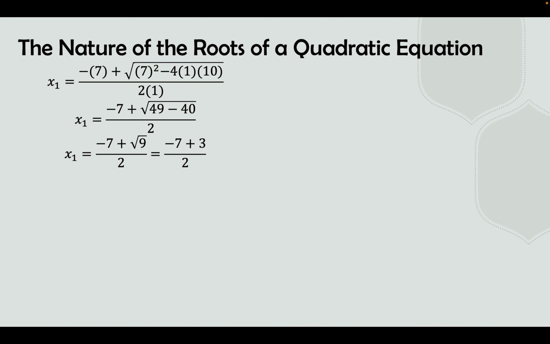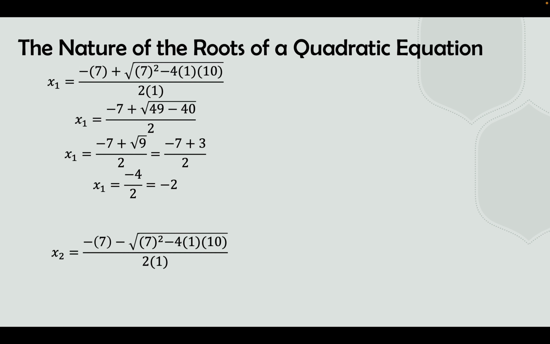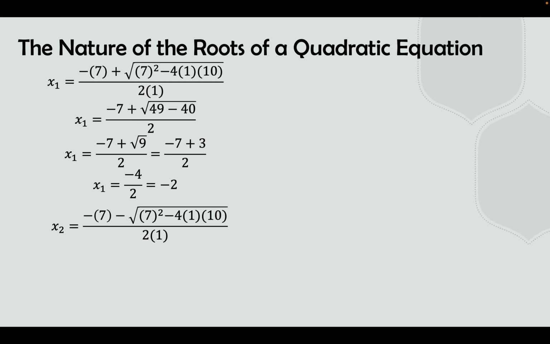So we have negative 7 plus square root of 9 over 2. So we have negative 7 plus 3 over 2. That is negative 4 over 2. So our x sub 1 is negative 2. Let's find our x sub 2. We have here negative 7 minus square root of 7 squared minus 4 times 1 times 10 over 2 times 1.